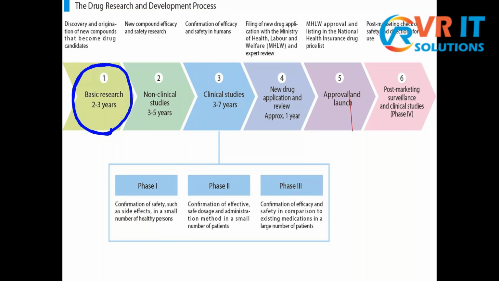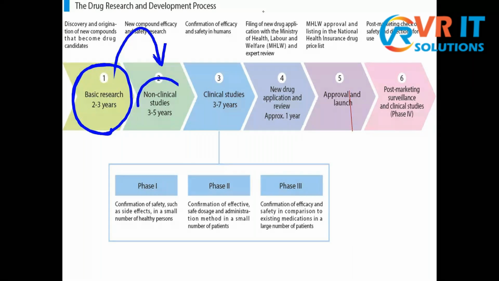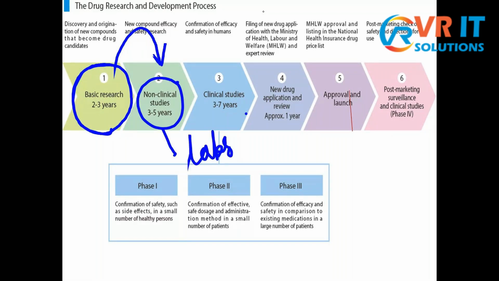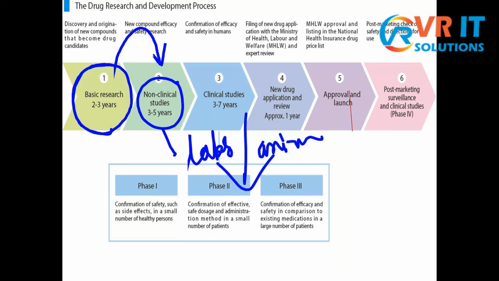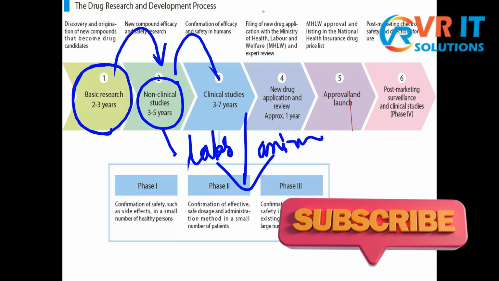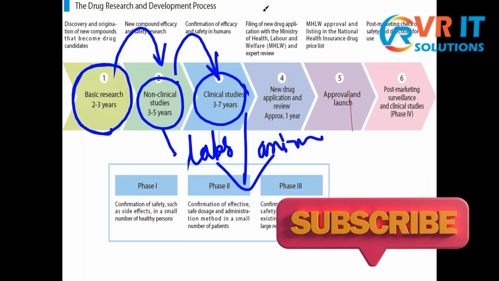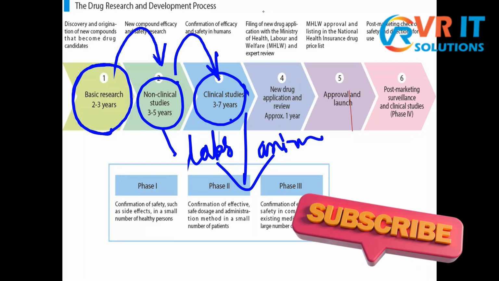Even the basic research takes around 2 to 3 years, to finalize the chemical compound and dose. Then it goes for non-clinical studies, meaning the treatment is tested in labs or on animals, and sometimes both. If the results are promising, the treatment goes for clinical studies, where humans are involved.